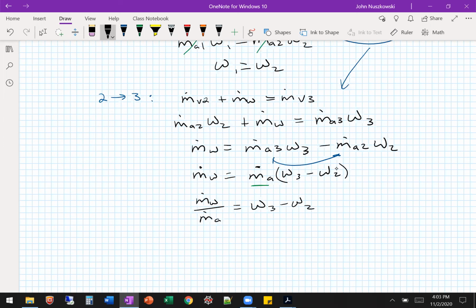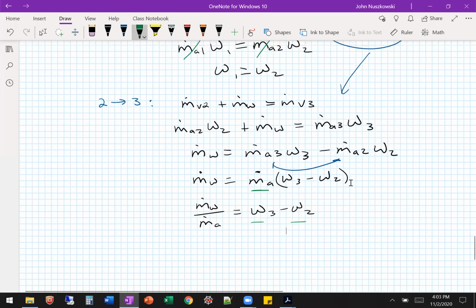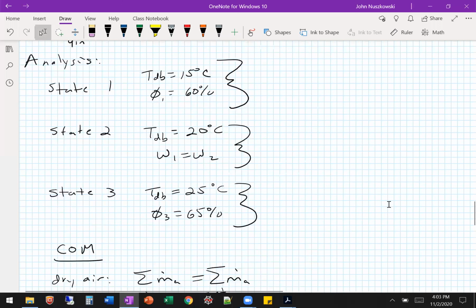All right, so for specific humidity 3 and 2, we need to grab those from the chart, which we'll do in a second, but we can write them down for now at 2 and 3.